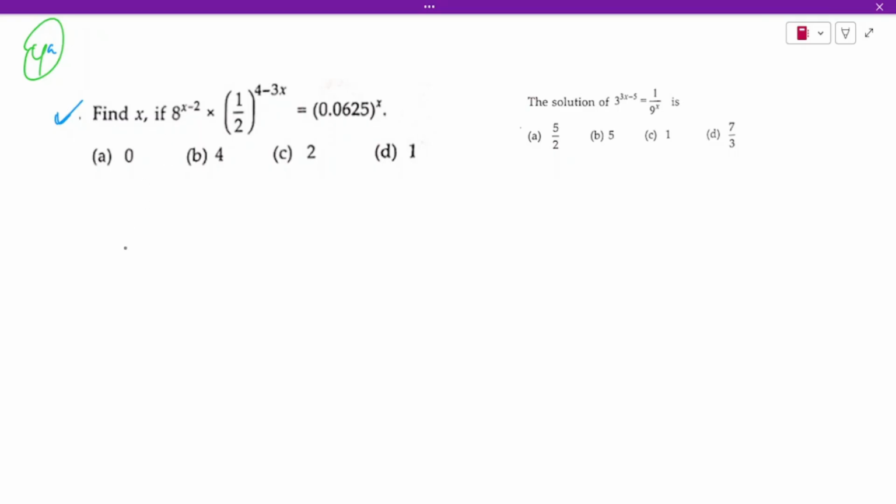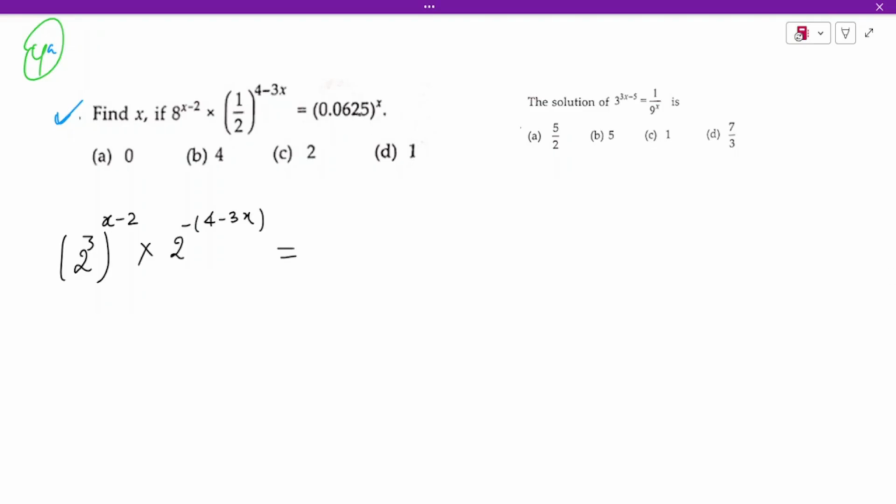We know 8 is nothing but 2 power 3, so we can write it as 2 power 3 whole power x minus 2 multiplied by this 1 by 2 to the power of 4 minus 3x. If we take the reciprocal of this, then the sign of the power will change. So by doing so, we'll get minus of 4 minus 3x by using the reciprocal law.